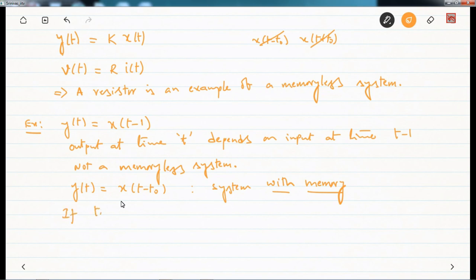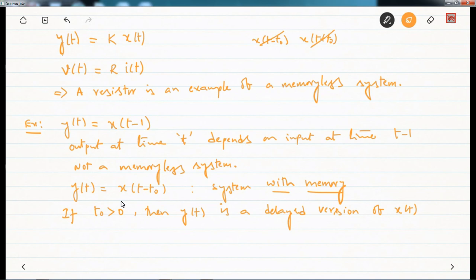If t naught is greater than 0, then y of t is a delayed version of x of t. Do you agree?